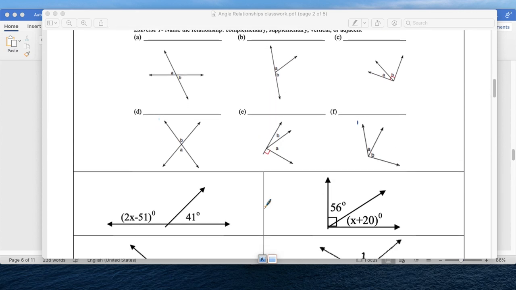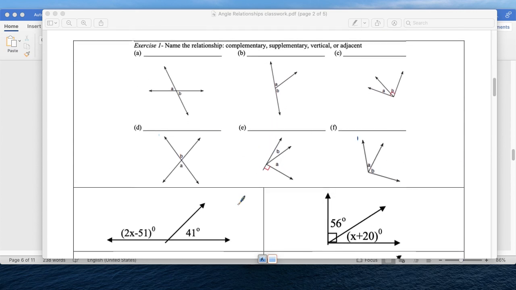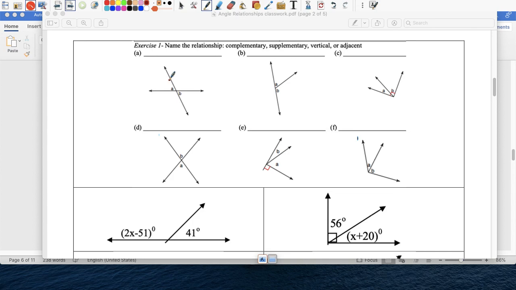A and B are vertical angles, so we call that vertical angles. A and B here, well, it's a straight line, so that's 180. So 180 split up into two angles makes them supplementary. They're also adjacent to each other, which makes them a linear pair.